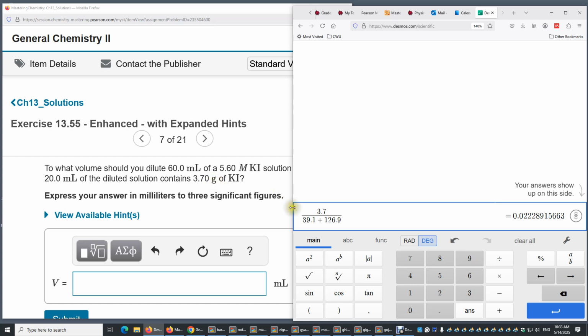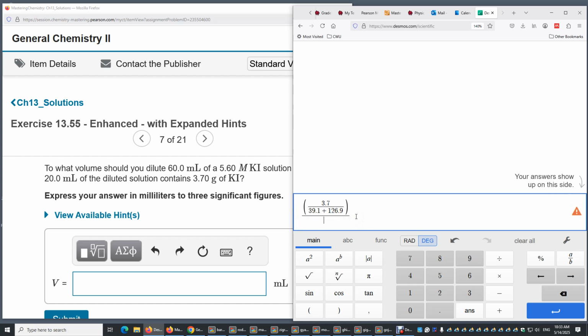Now we have the number of moles of KI in 20 milliliters. So divided by 20 milliliters, which is 0.02 liters, we'll get the concentration of this diluted solution.